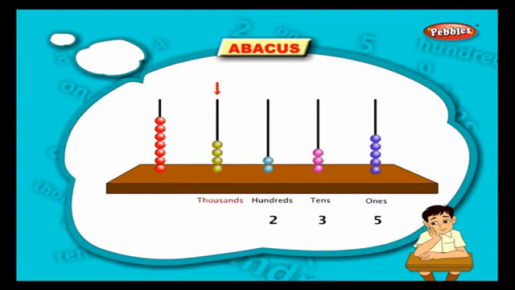It means there are 4 thousands. The leftmost wire represents the 10,000s place. There are 7 red balls there. It means there are 7 10,000s. So we get the number 74,235.